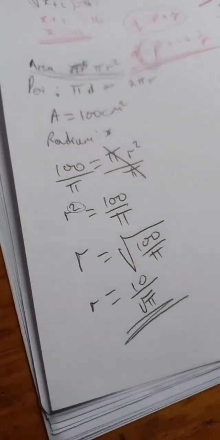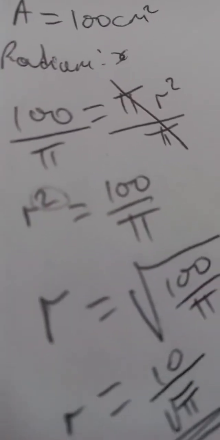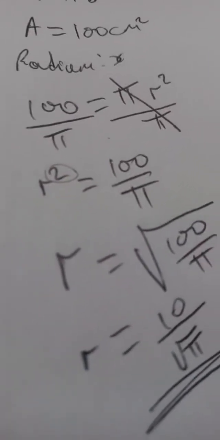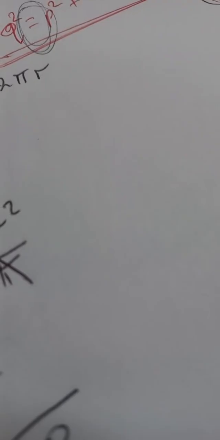I hope we are okay together here. Now, circumference. Okay, let's go to circumference. Remember we said 2 pi r, right? Going back to the question, we are given the area and we want the circumference.